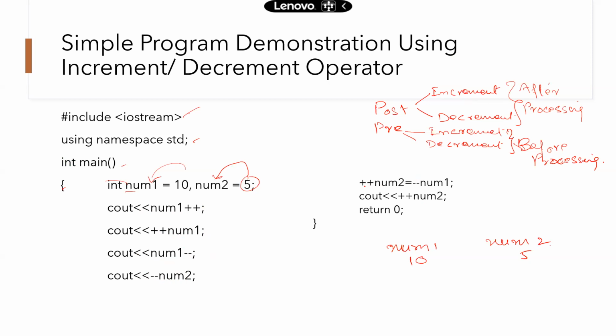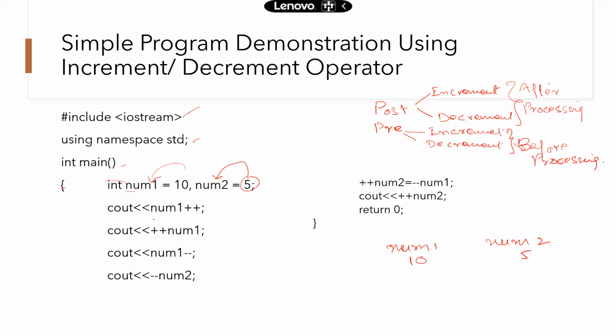And then this pre-decrement of num1 has been assigned to the pre-decrement plus increment of num2, and then the cout of plus plus num2. I understand this becomes a little bit confusing, but it will not remain confusing. Just listen to it very carefully.